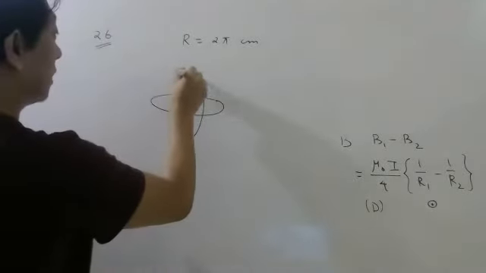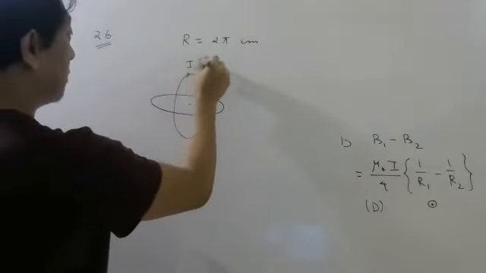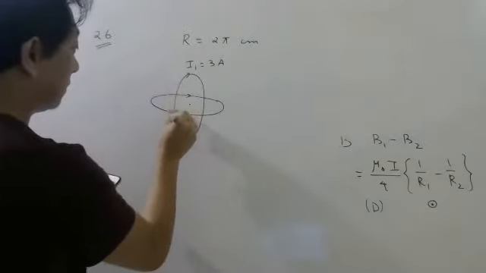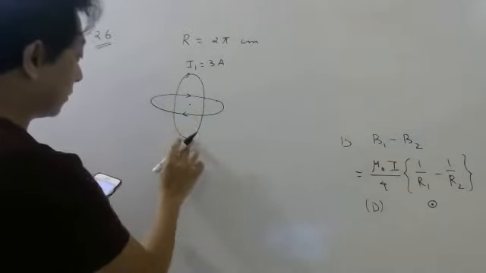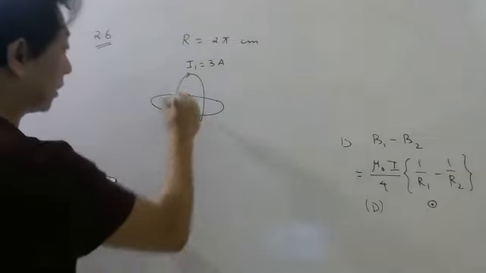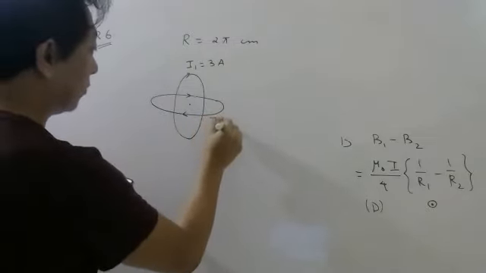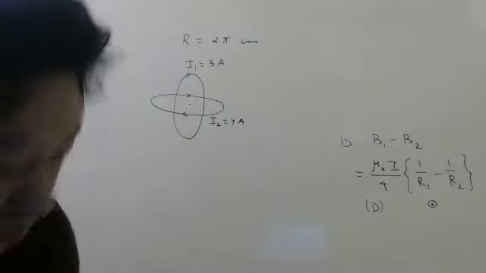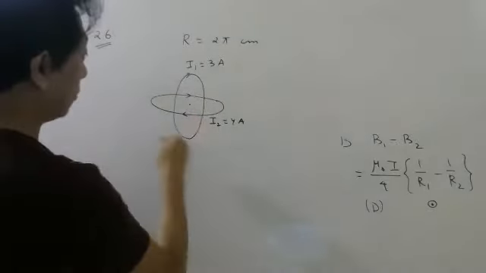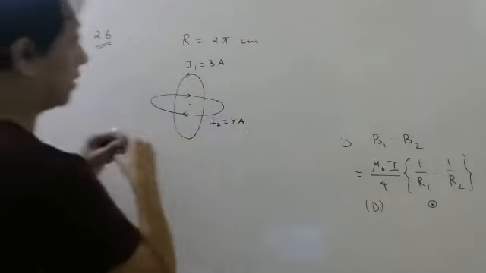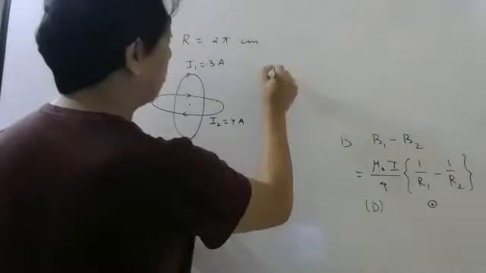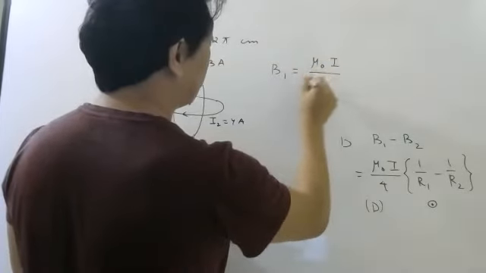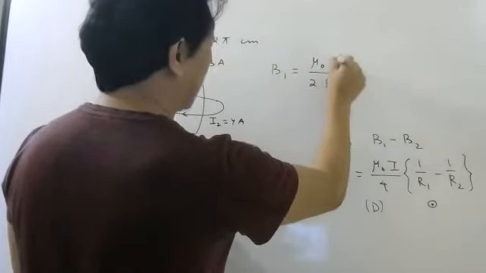Okay. So here current in one of the coils is 3 ampere. Current in the other coil is 4 ampere. Radius for both of them is same. So let us calculate magnetic field due to this coil. Since it is full circle, formula for full circle is mu naught I by 2r. Current is I1.